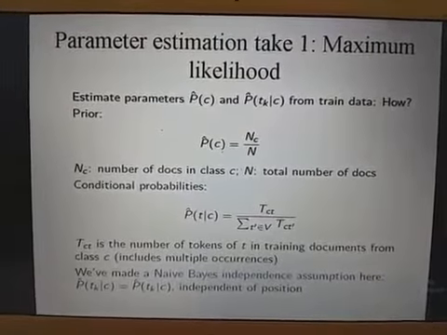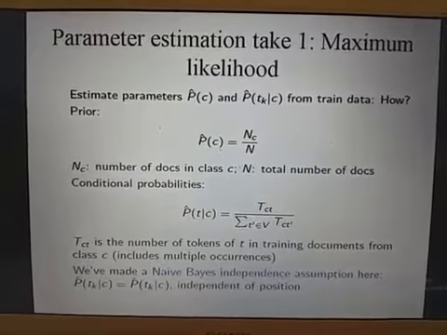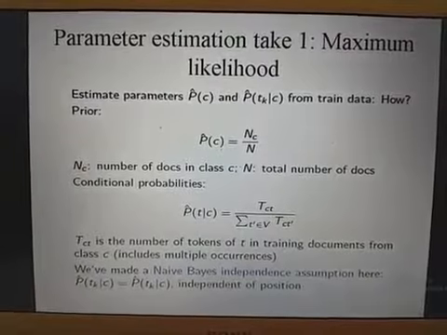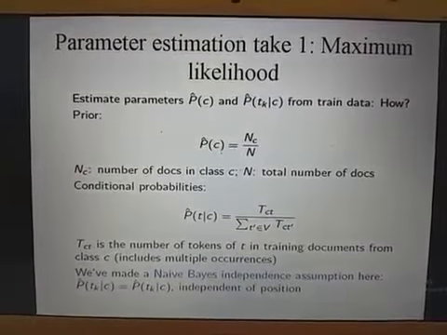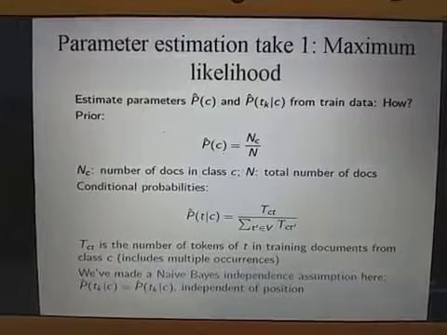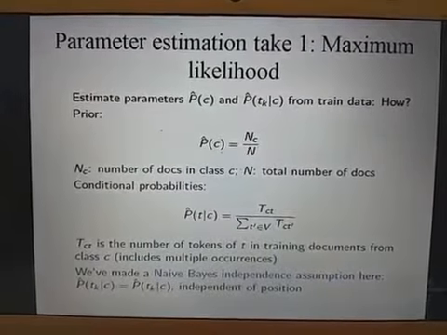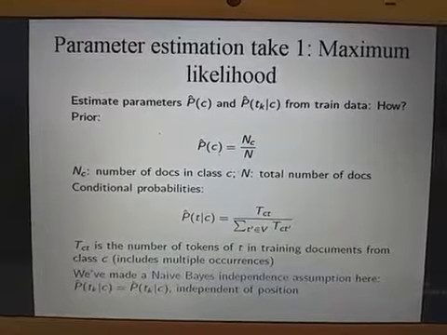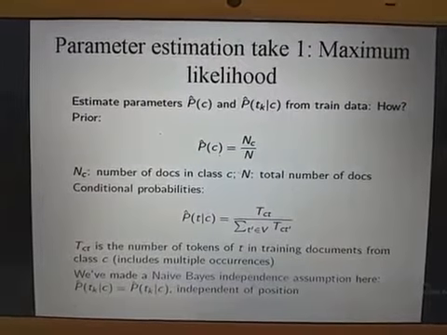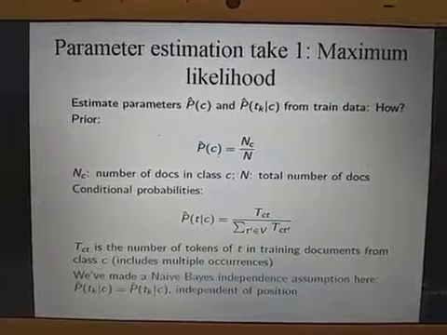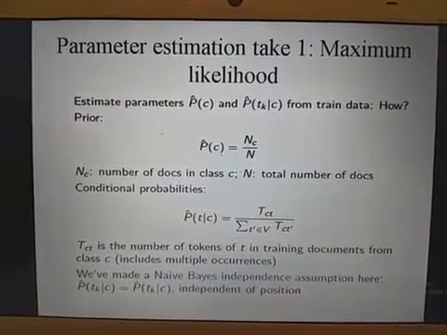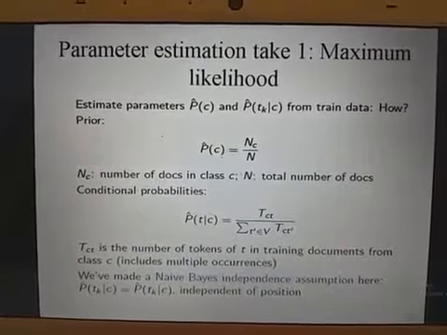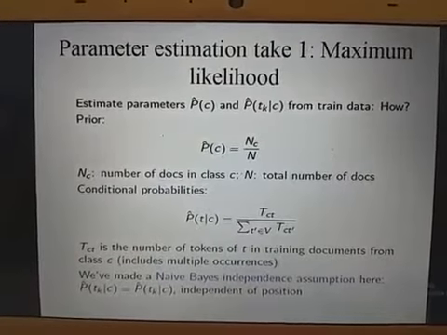The conditional probability of a term given C is equal to Tct divided by the summation over all terms in V of Tct dash. Here Tct is the number of tokens of T in the training documents, that means throughout the training process we have to find the total number of tokens T present within a particular class.